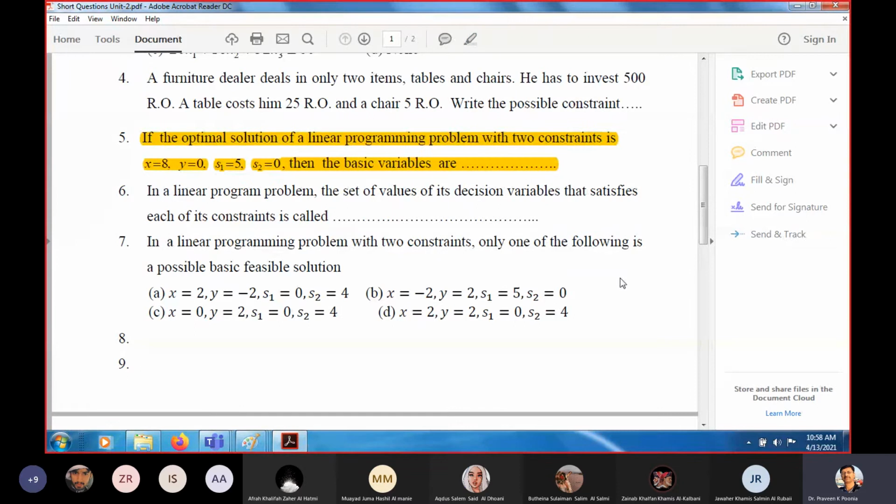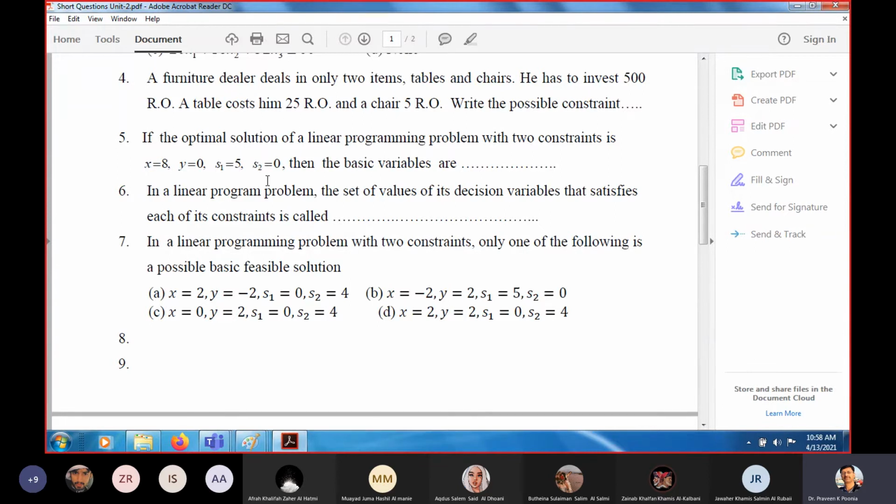Please read this question number 5 and tell me what are the basic variables. What is the question? If an optimal solution of the linear programming problem with 2 constraints is this: x is equal to 8, y is equal to 0, s1 is equal to 5, s2 is equal to 0.